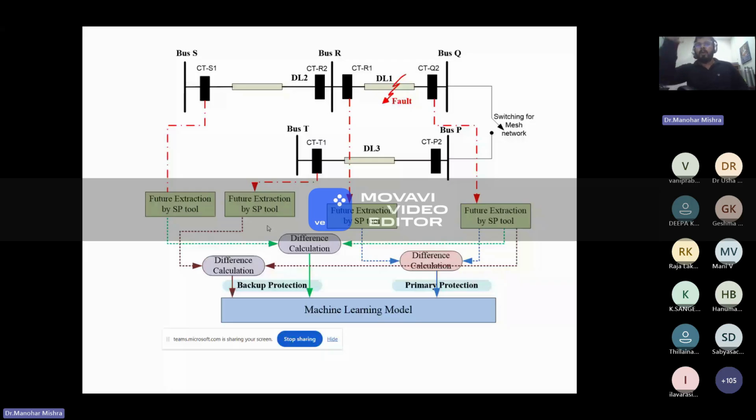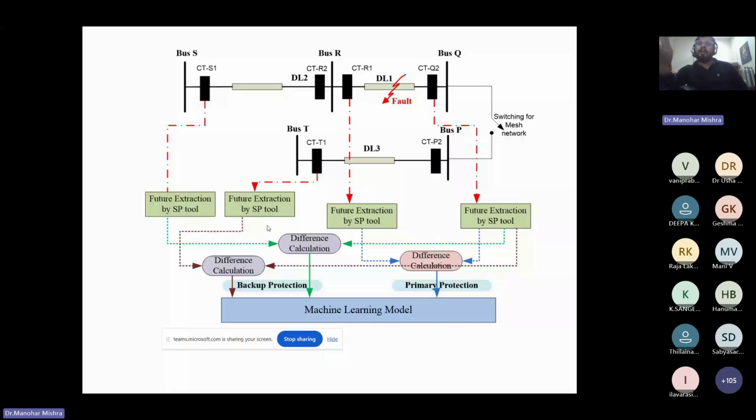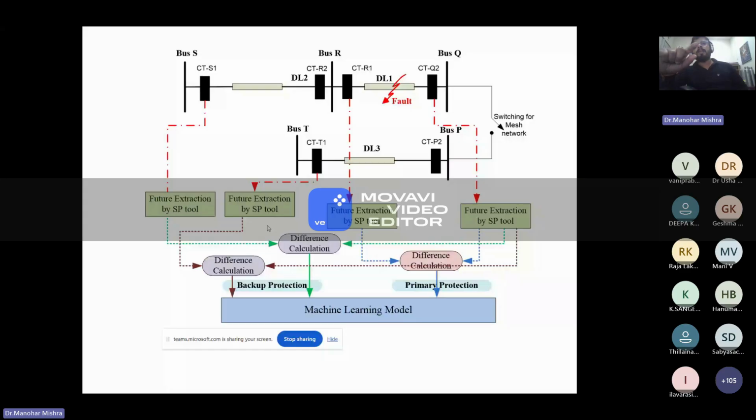All of this is for the primary protection. Similarly, another machine is trained with data from S and Q, the difference is calculated, and this is for the backup protection. If the primary fails, then the other algorithm will work.